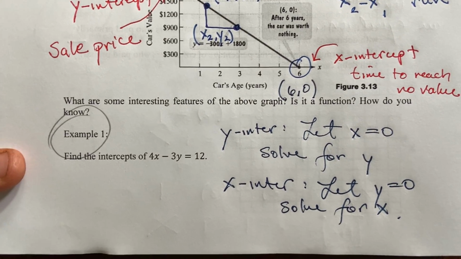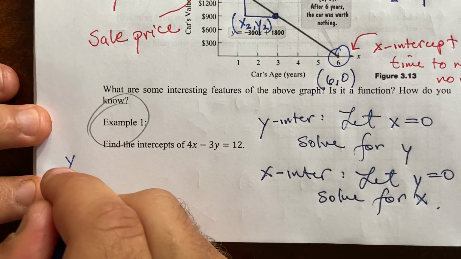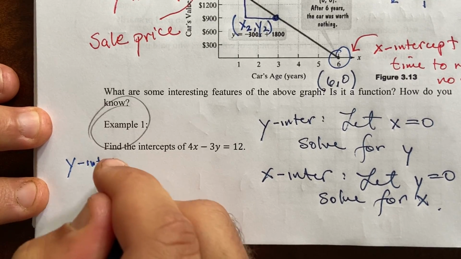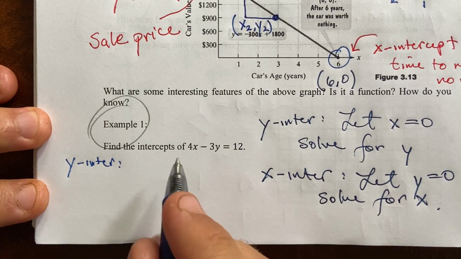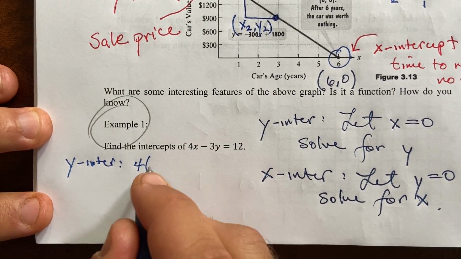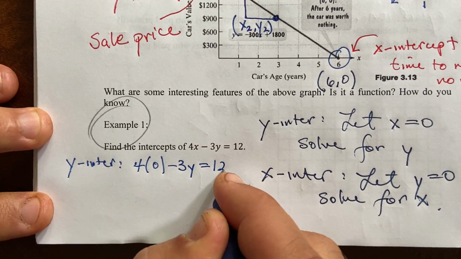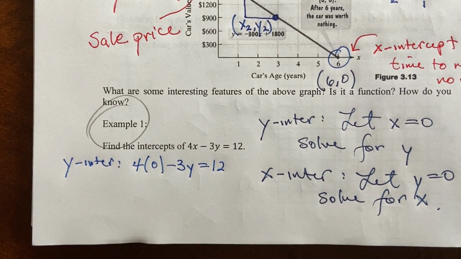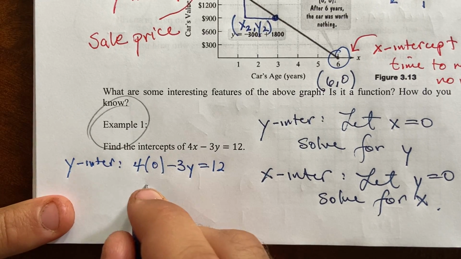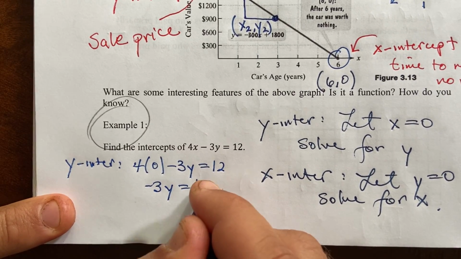All right, so for the y-intercept here, I'll let x equal 0, so I'll have 4 times 0 minus 3 times y equals 12, right? So that'll be negative 3y equals 12.